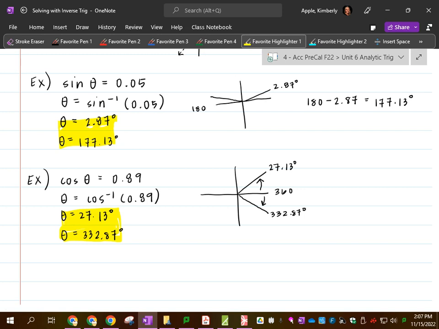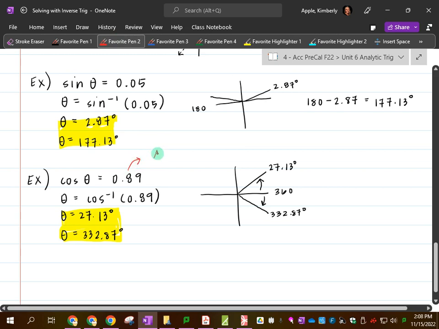Okay, that makes sense. Since cosine is the adjacent over the hypotenuse, this means that the adjacent side is 0.89 of the length of the hypotenuse, or 89% of the length of the hypotenuse.